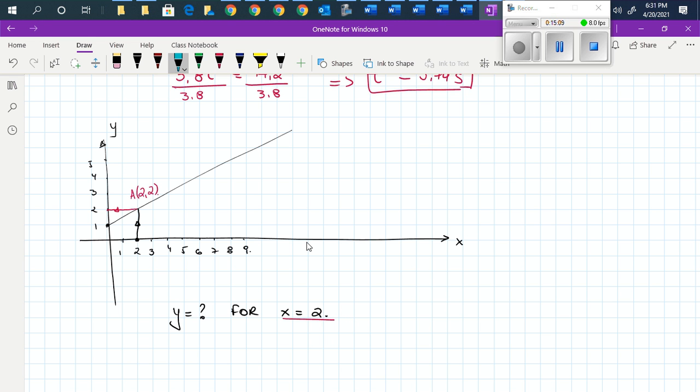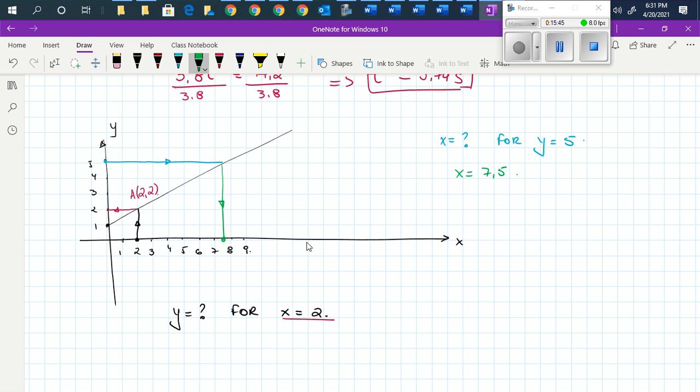And if I'm asking you through the graph to find what is x for y equals 5, then you will go to y equal to 5, and then horizontally you will go parallel with the x-axis until you reach the graph, and then you will go down and you will find that this value here is about 7.5.